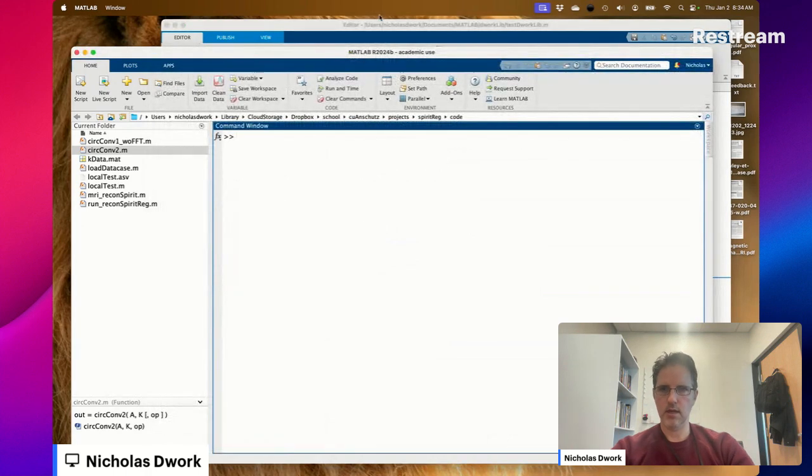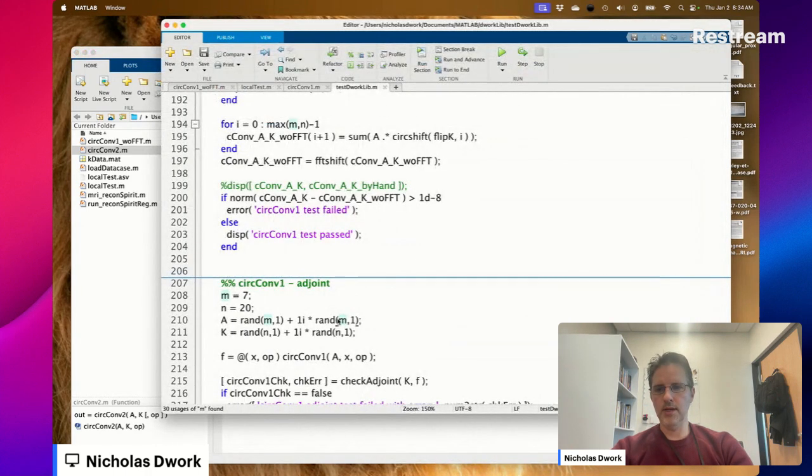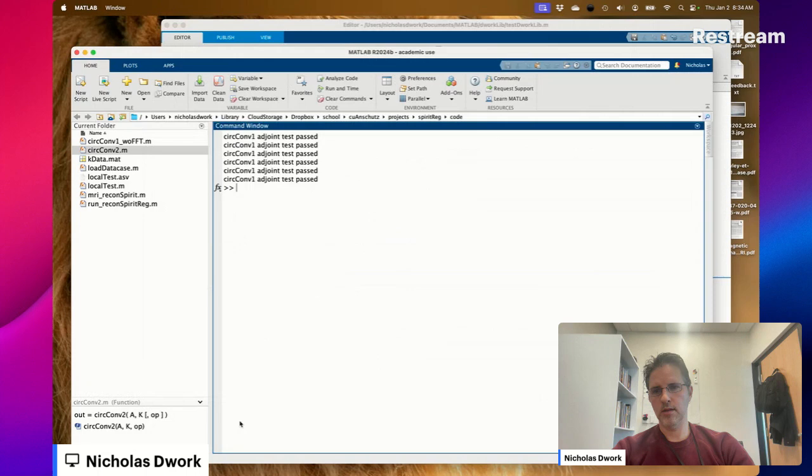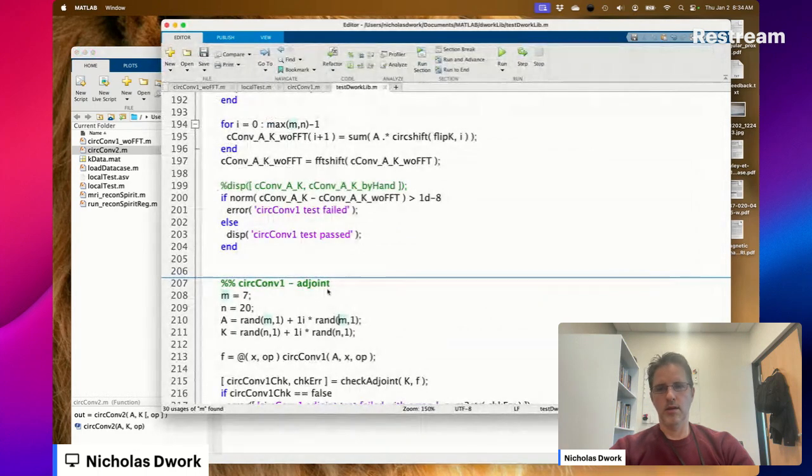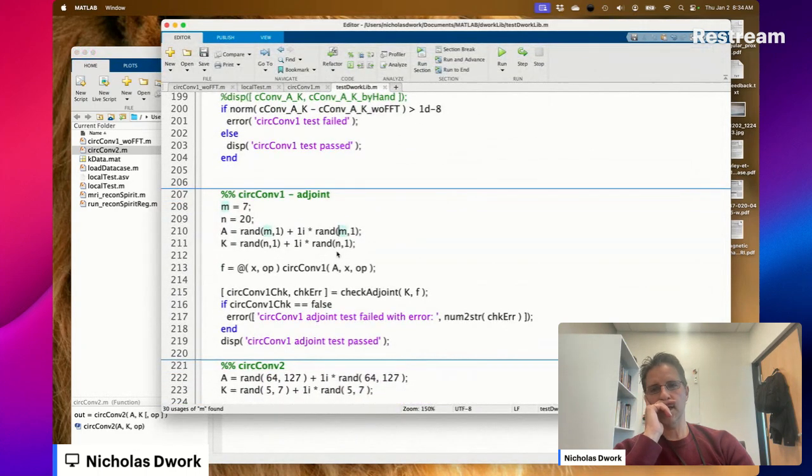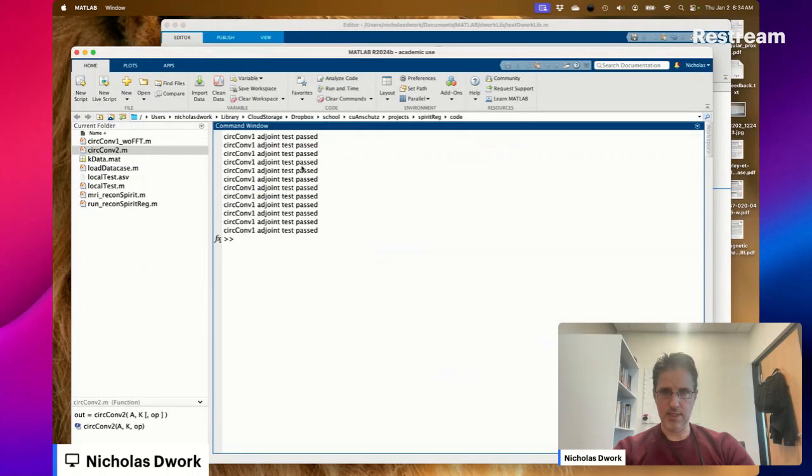I've run it many times to make sure it's not just appearing to pass for the one realization of the random numbers. I want to check that it passes a lot, and it does.